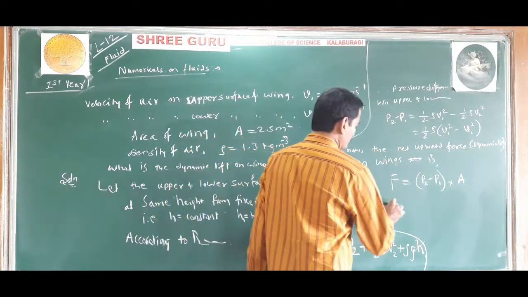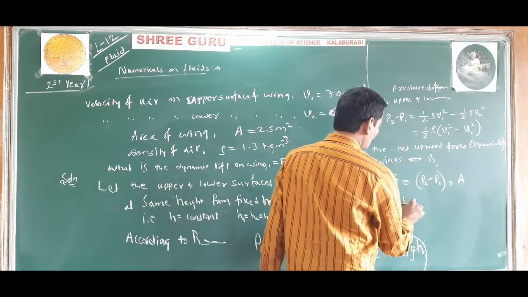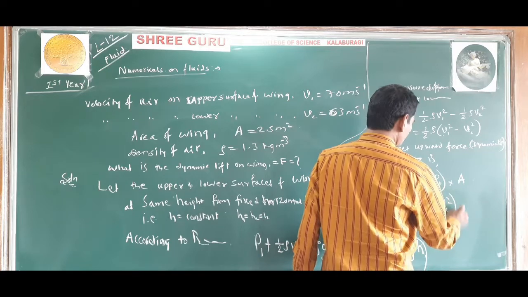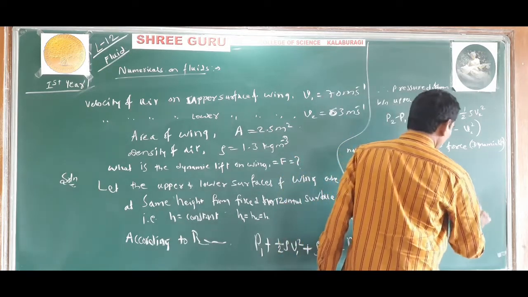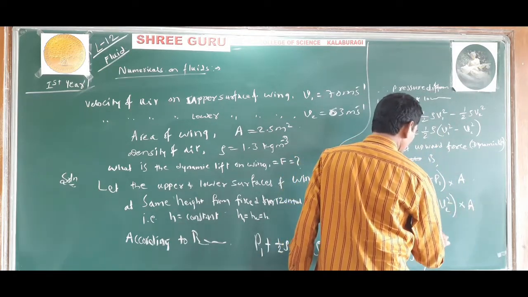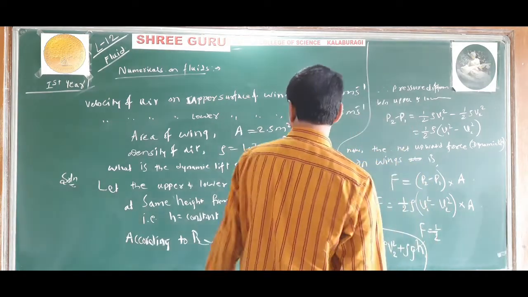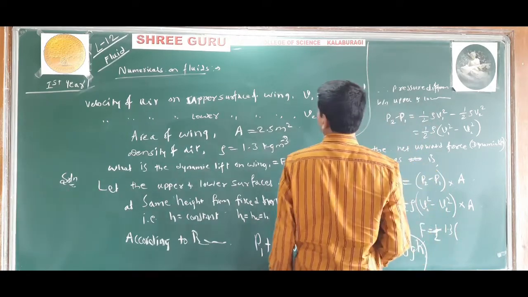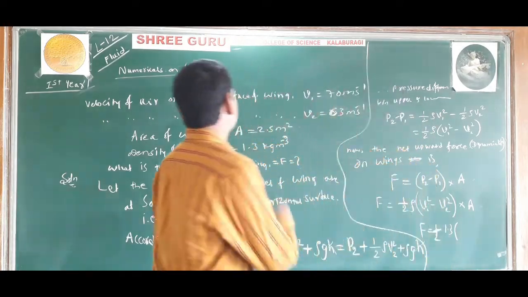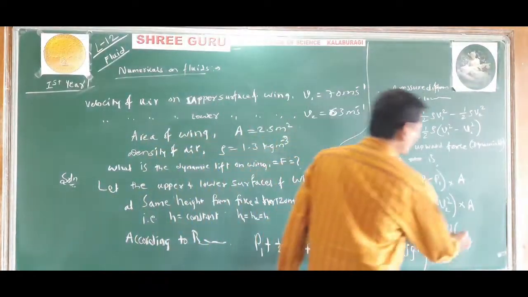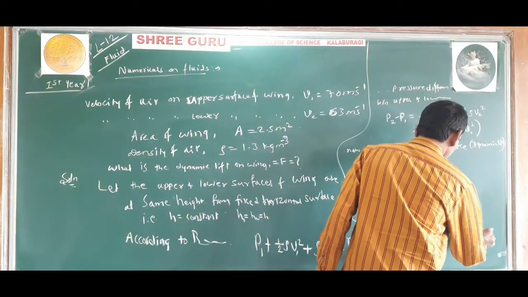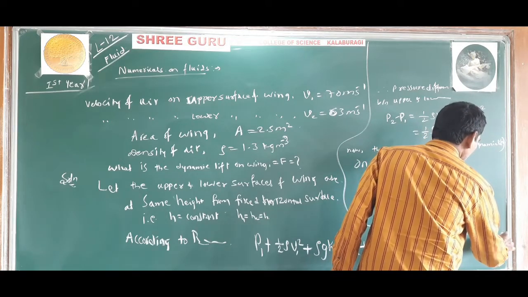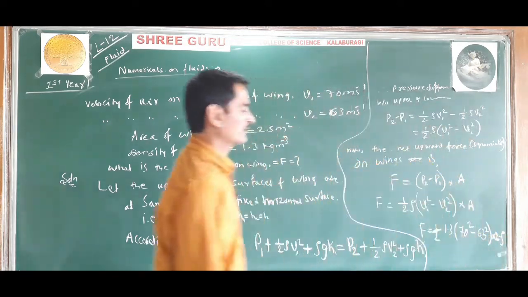So F is equal to 1 by 2 rho V1 square minus V2 square into A. Therefore F is equal to 1 by 2 into 1.3, the density of the air. Now substitute the values: V1, velocity of the air on upper surface of the wing, is 70 meter per second square minus 63 meter per second square, into area of the wing 2.5. Now do the calculation and you will get the answer.